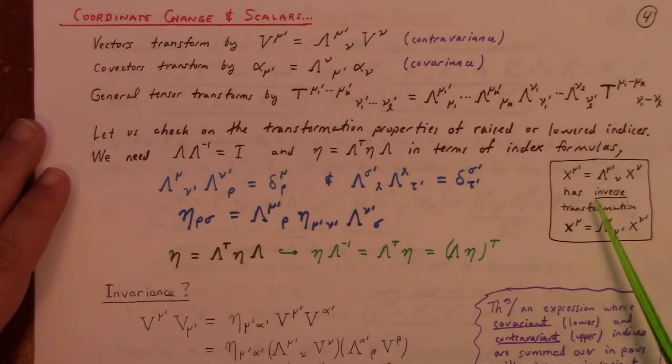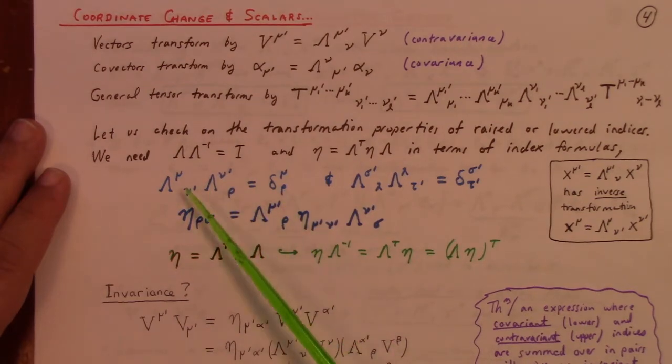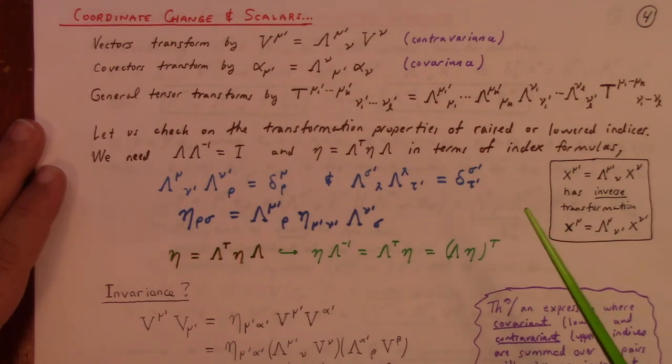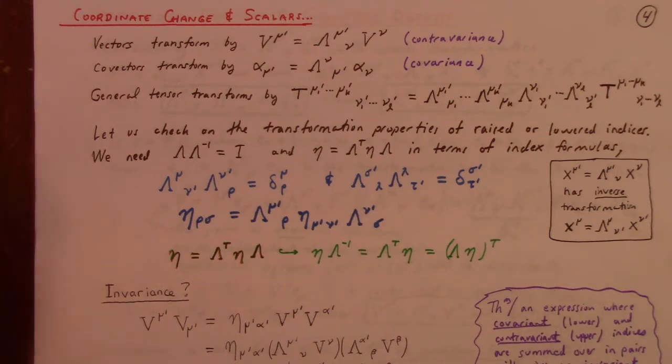Here I mean to say that the matrix is the one which transforms the coordinates, whereas the inverse is the one which goes the other way. And they're inverses in the usual sense of linear algebra, like the matrix times its inverse is the identity matrix, and vice versa. If we're in the context of Minkowski space, we also know that the Lorentz transformations satisfy this eta lambda transpose eta lambda relation, right?